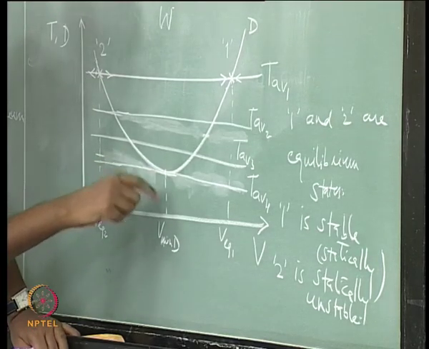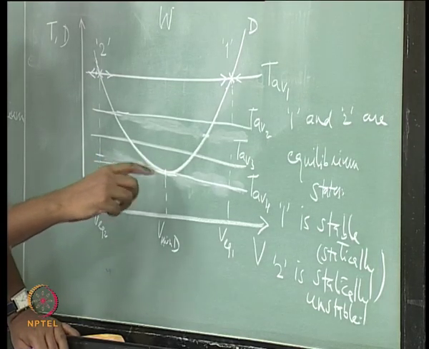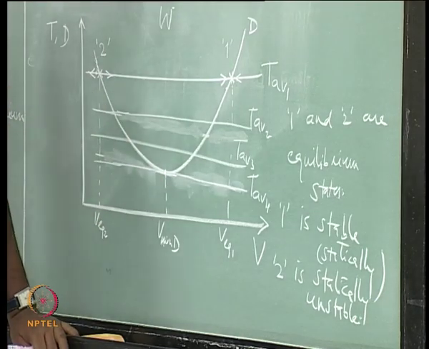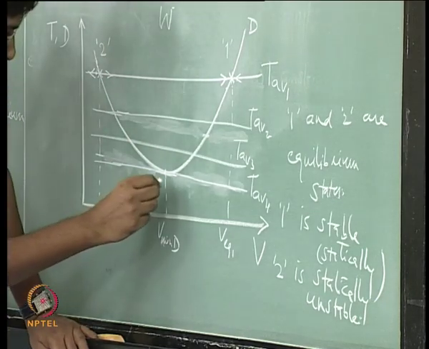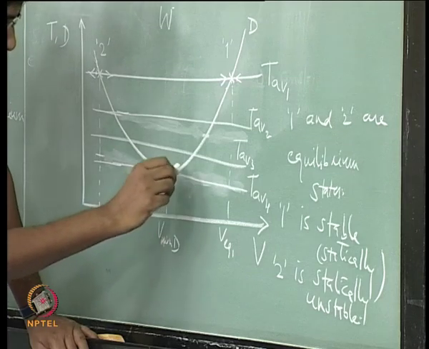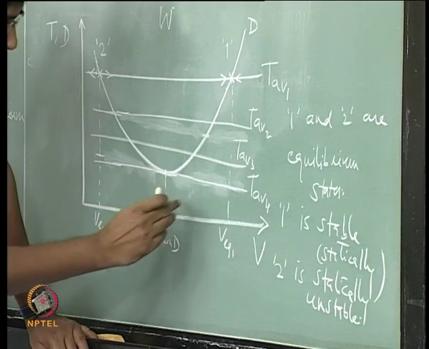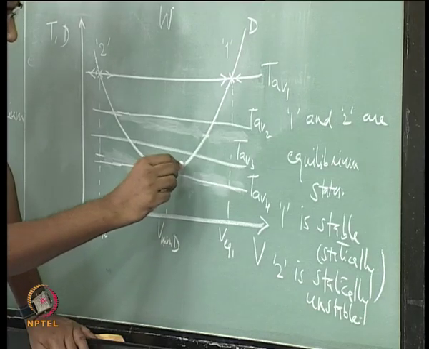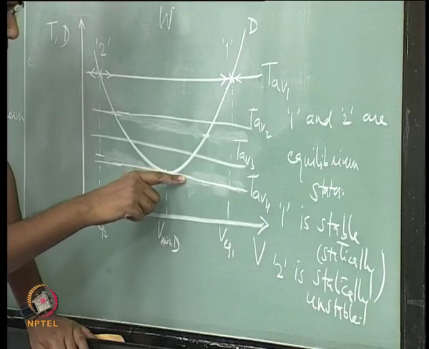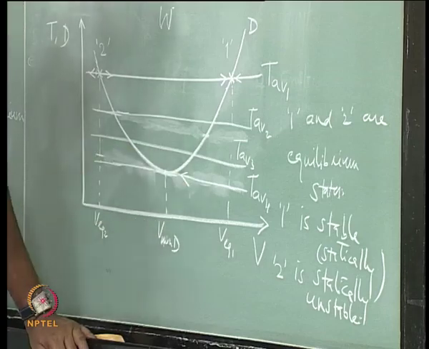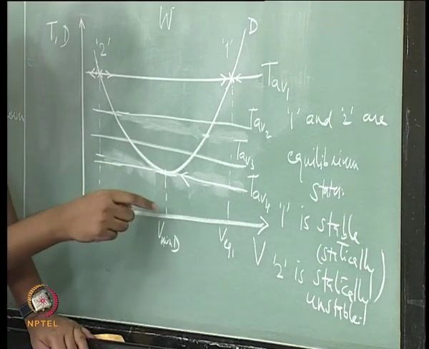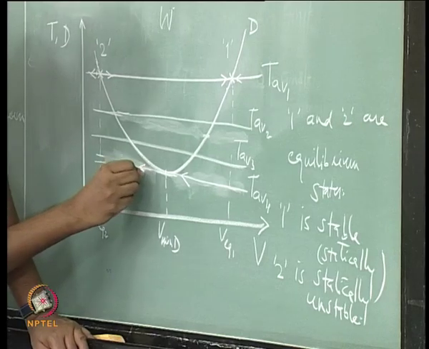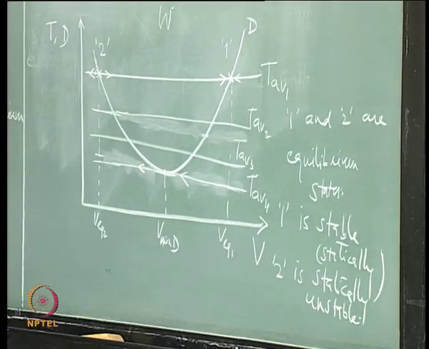Now, this case is of a neutrally stable equilibrium state, because here what is happening is when the speed is increasing on this side because of the perturbation, drag is more than the thrust available. On the other side also it is the same thing.